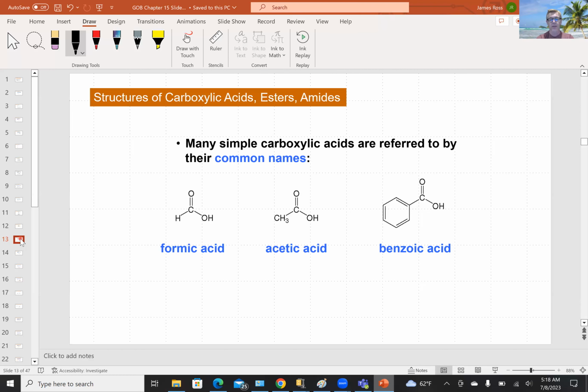Formic acid on the left is where we've replaced that methyl group with just a hydrogen. And then benzoic acid on the right is where we've replaced the methyl group with a benzene ring, which is an aromatic group that we saw in a previous video. So these are old non-systematic names, but very commonly used compounds. So you should be aware of the names.